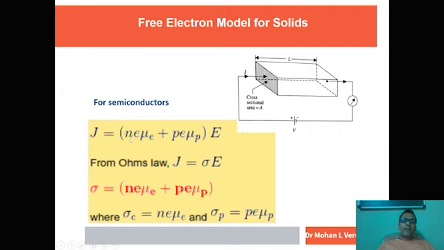For an n-type semiconductor, electrons are the majority charge carriers, and in p-type semiconductors, holes are the majority charge carriers. For an intrinsic semiconductor, it will be the sum of electrons and holes. So the current density J can be written with one part related to conductivity due to electrons, and another part related to conductivity due to holes. So the conductivity is equivalent to n e mu_e plus p e mu_h, where n is the density of electrons, p is the density of holes, the charge e is the same, mu_h is the mobility of holes, and mu_e is the mobility of electrons.